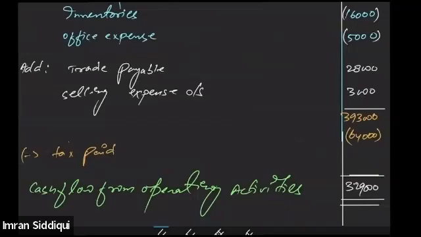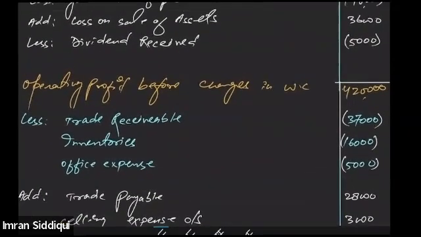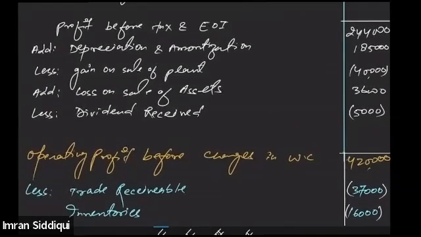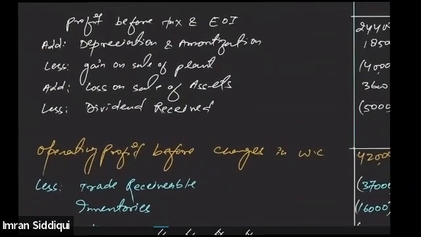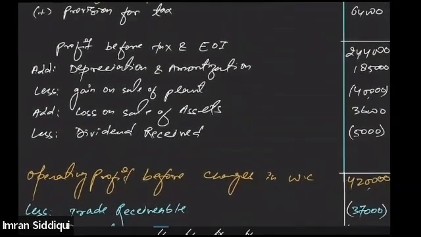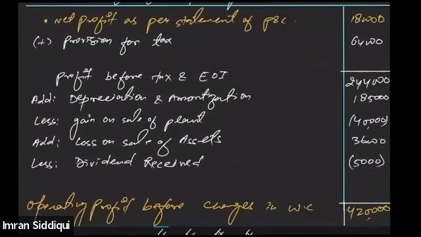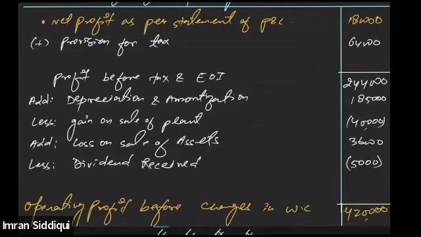Sometimes the information given in the question is in such a manner that the question just requires you to find out the operating profit before changes in working capital. If in that case you are not following the format, then you will commit a mistake. Because if you think that ultimately we need to subtract it at the time of finding the cash flow from operating activity at the very end, so let's not subtract it right now.